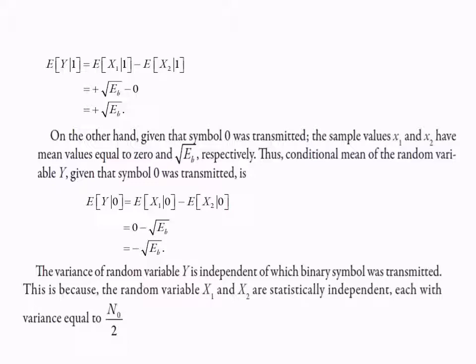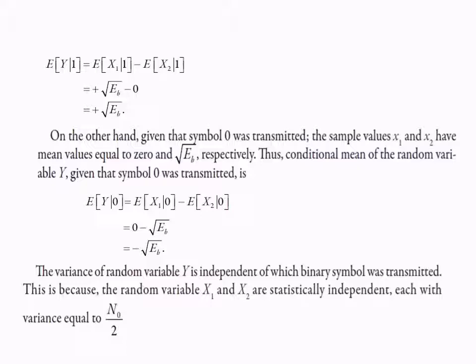So the expectation of S11, what is the value of S11? Root of EB. What is the value of S12? That is 0. We have already calculated, right? The expectation of a constant term is that particular constant term. So root of EB minus 0 is equal to root of EB.